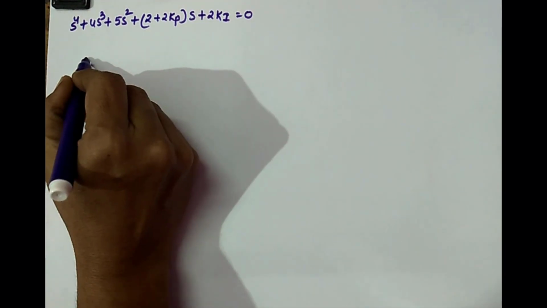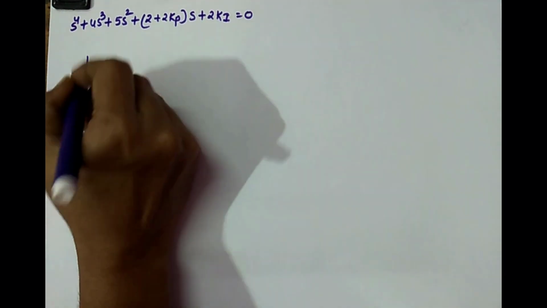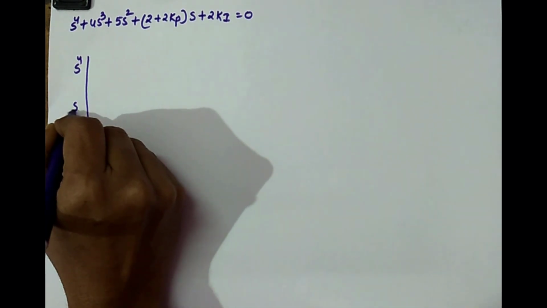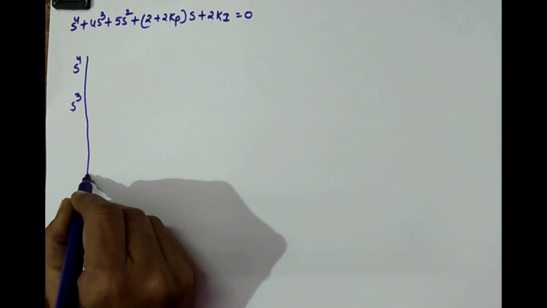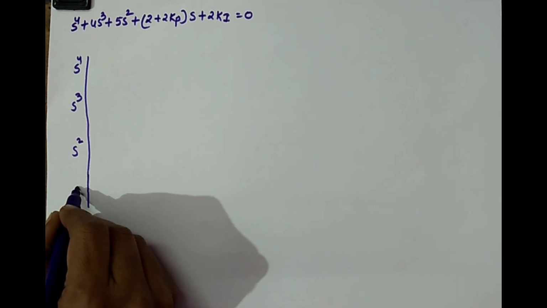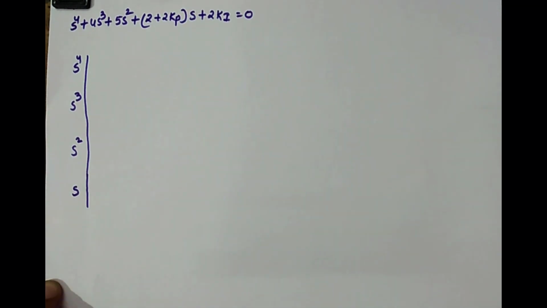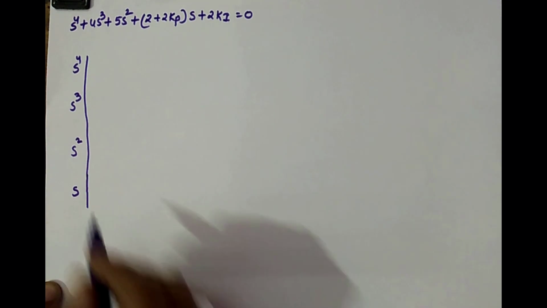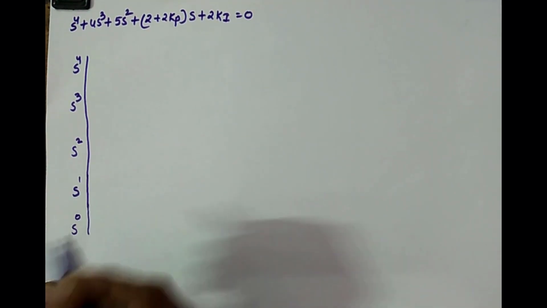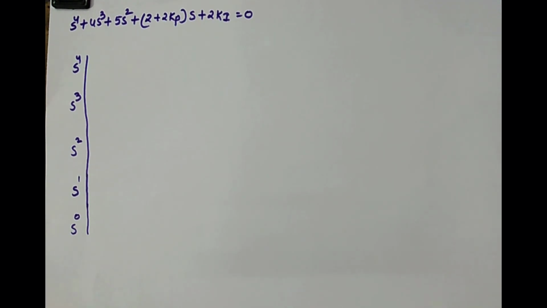Now form the Routh array: s power 4, s cube, s square, s power 1, and s power 0.